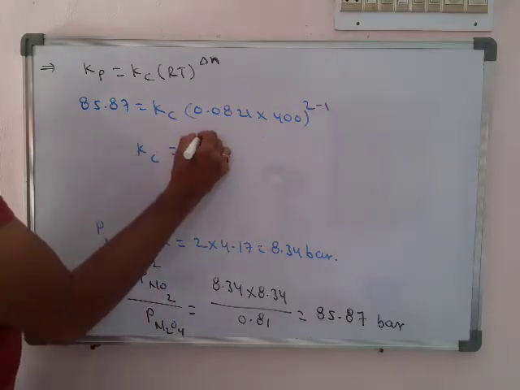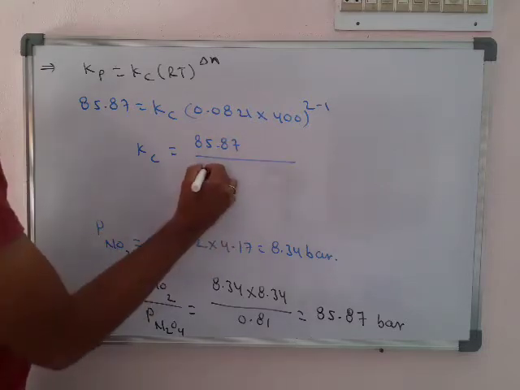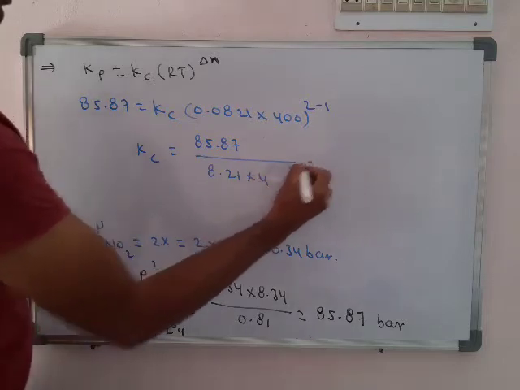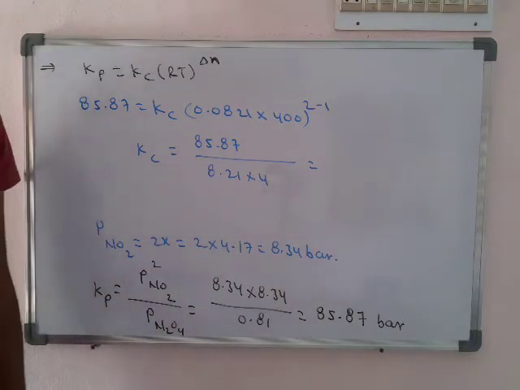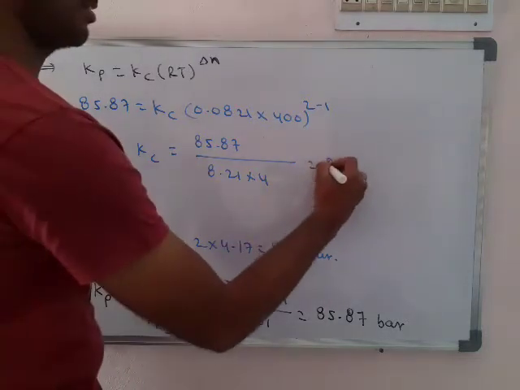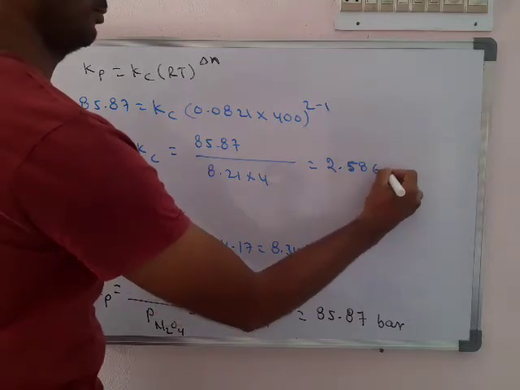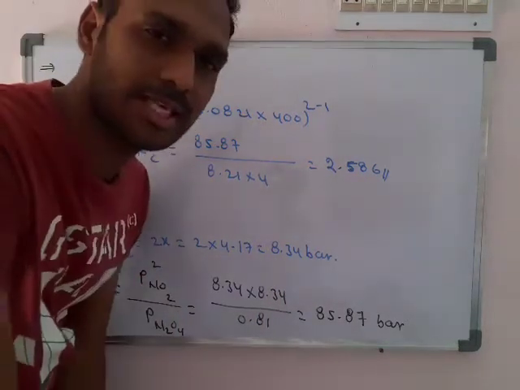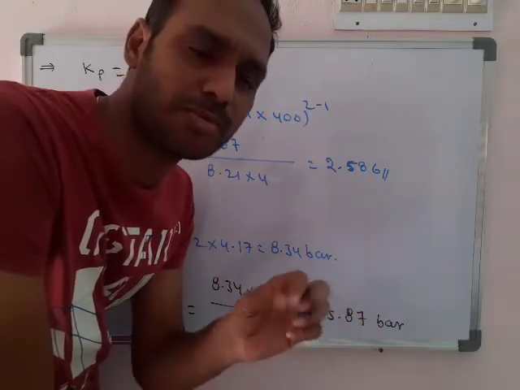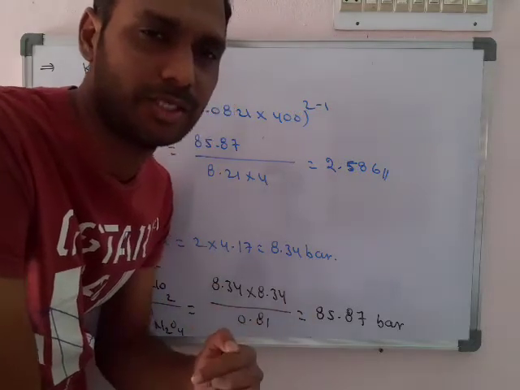Therefore Kc is equal to 85.87 divided by the product, and in the overall calculation we will get 2.586. Okay, these are the Kc and Kp value calculations. The only difference from the last problems is that this one is given in terms of pressures.